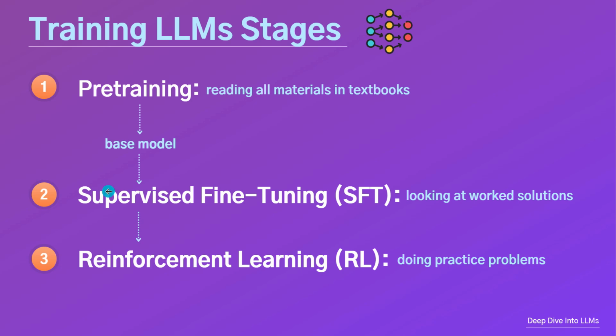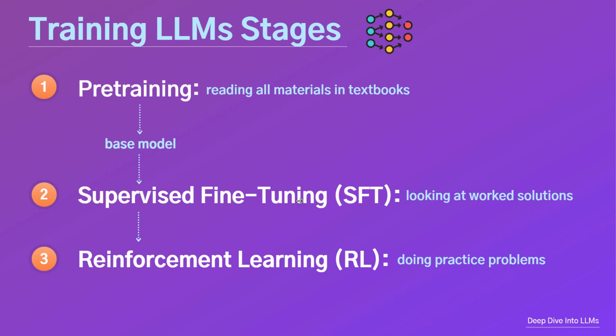The second stage is supervised fine-tuning, which is comparable to looking at worked solutions in a textbook provided by a human expert. In SFT, the base model is trained on a curated dataset of conversations between humans and an AI assistant, where human labelers provide the ideal assistant responses to various prompts.